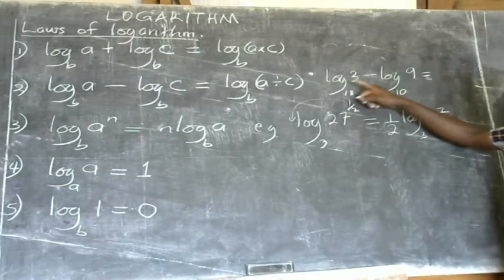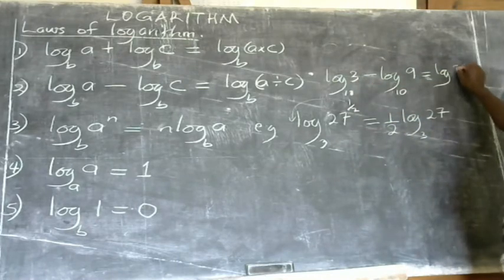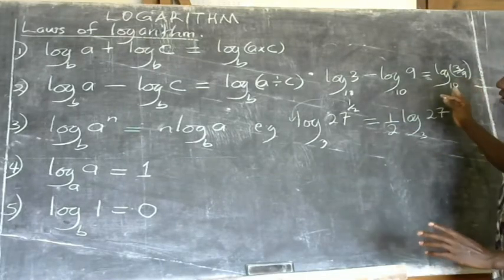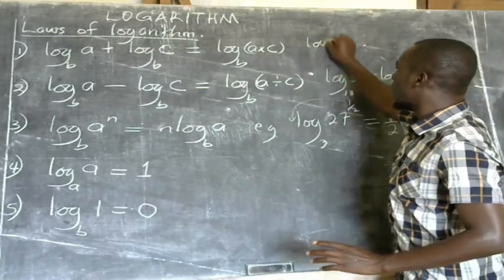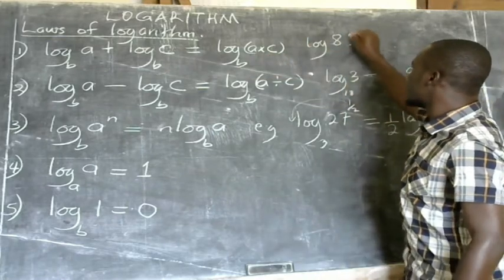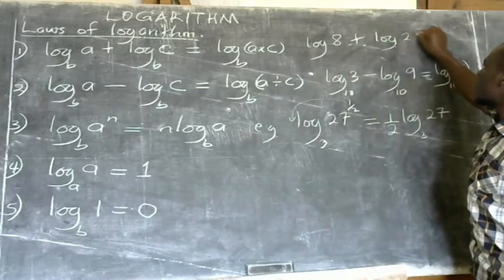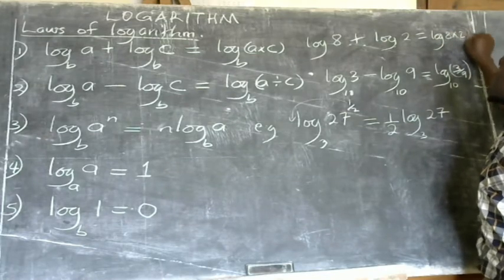I need to write it as a single log. This is going to be log of 3 divided by 9 base 10, just like that. Then you continue with the simplification. Here an example, log of 8 plus log of 2 is going to be log of 8 times 2.